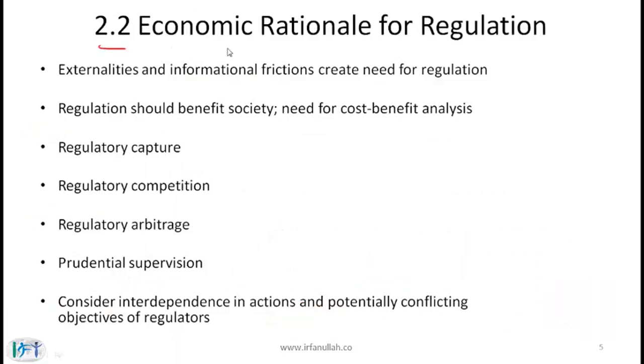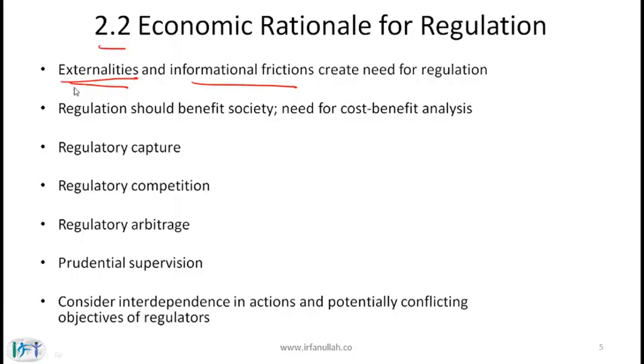Section 2.2, Economic Rationale for Regulation. The basic point made in this section is that in a market where we have externalities and informational frictions, that is what creates the need for regulation. Let's understand this through some simple examples, such as pollution. A given factory, or a given industry, let's say the chemicals industry, might create byproducts that pollute the environment, pollute the river that flows outside the factory.